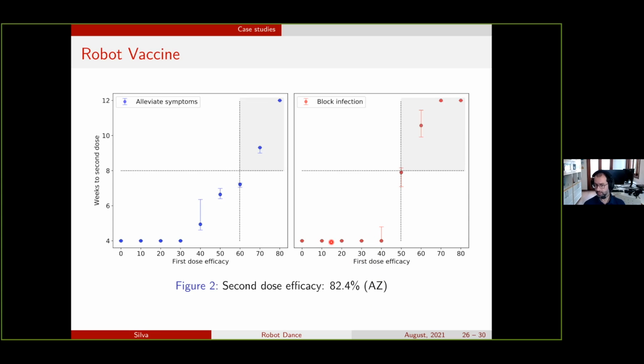So the same paper, the same simulation was saying that for the Delta variant, you probably don't want to postpone the second dose. You want to give the second dose as soon as possible. Even though at the moment that we were writing the paper, we didn't know about the Delta variant, okay?